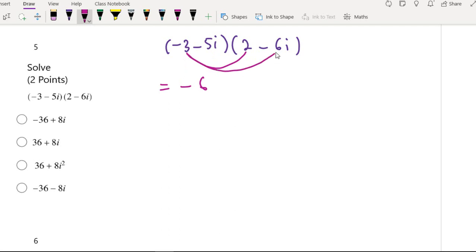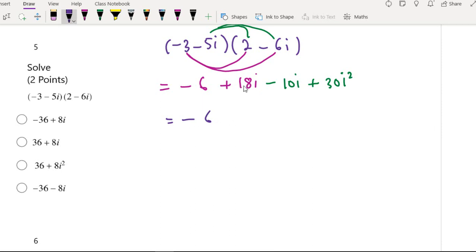Negative 3 times negative 6i, so positive 18i. Negative 5i times 2, minus 10i. Negative 5i times negative 6i, positive 30i squared. Simplify.